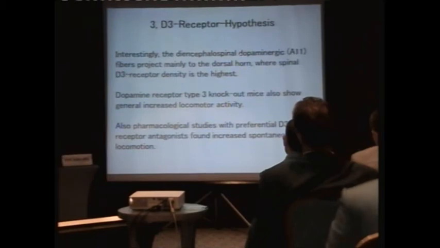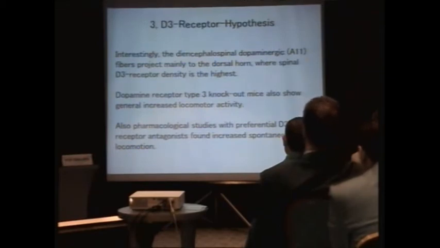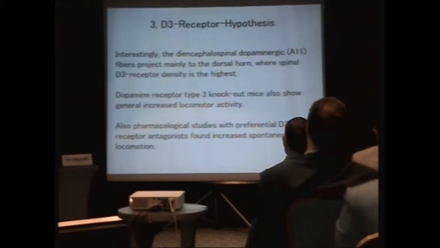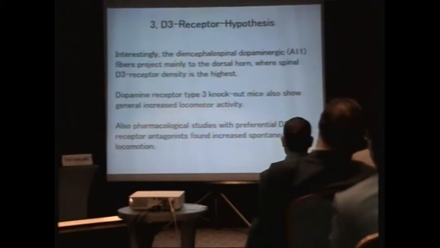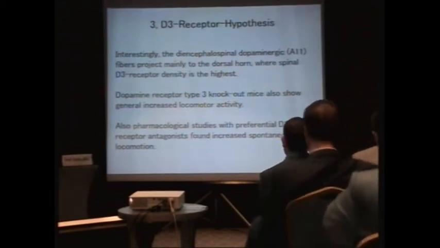So third, the D3 receptor hypothesis. This is also an important hypothesis because A11 area neurons project to the spinal cord, and in the spinal cord, the D3 receptor density is highest where A11 projects. Some groups produced D3 receptor knockout mice.